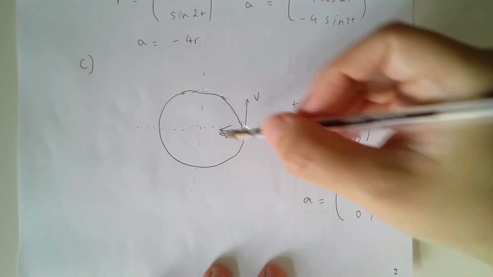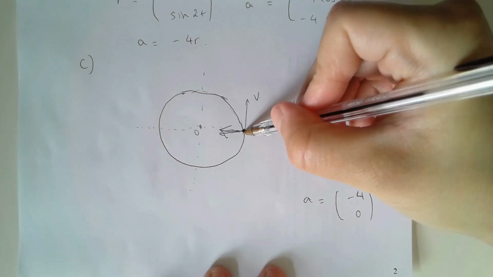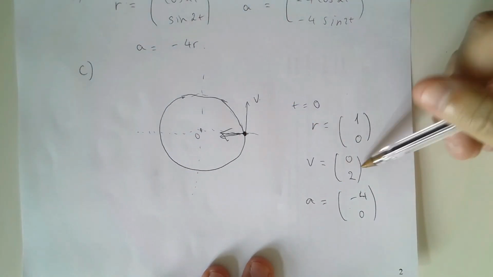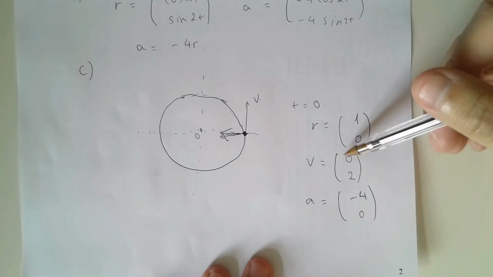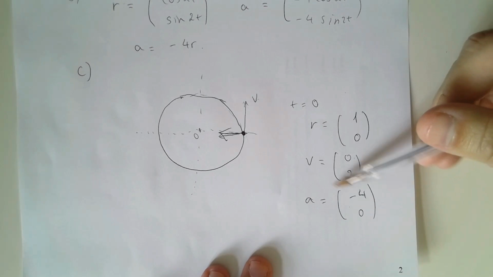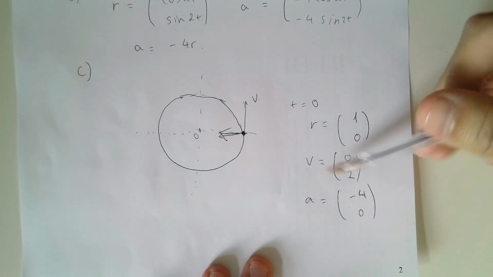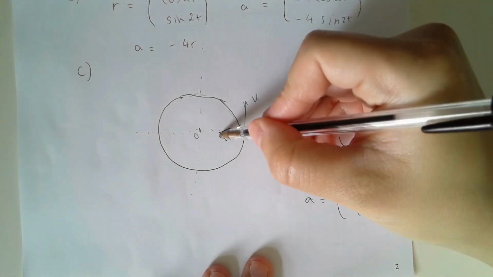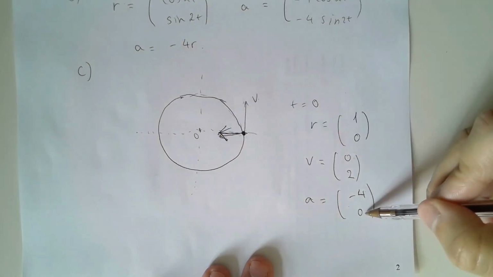That means 0 here, so 1 here. You stay at the position right here. And v equals 0, 2. Looking at the direction of 0, no cross, but go up by 2. That's v. Look at the direction of a. A goes to the left hand side because from the position here, it goes left hand side by 4. So the arrow goes by 4, but doesn't go up or down.